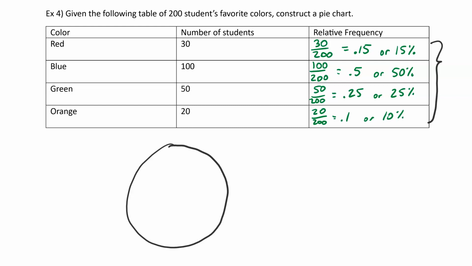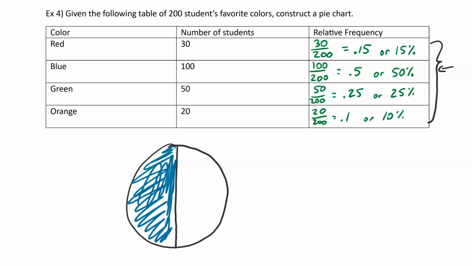I always recommend start with any of them that are easy. So like 50%, or if you even have a number that's close to 50%, 50% is half. So we know that we can split this right in half, and that 50% is going to be blue. So all of this is blue.